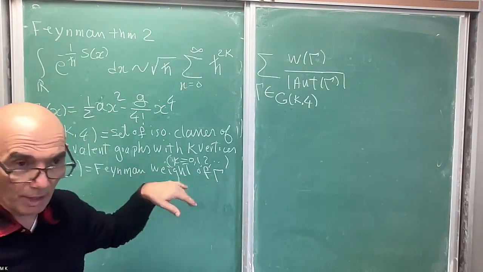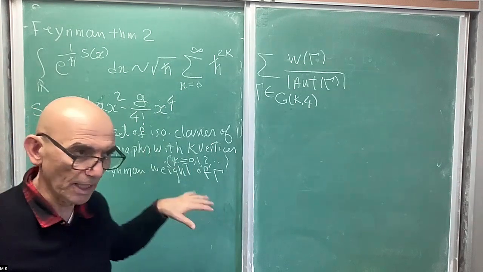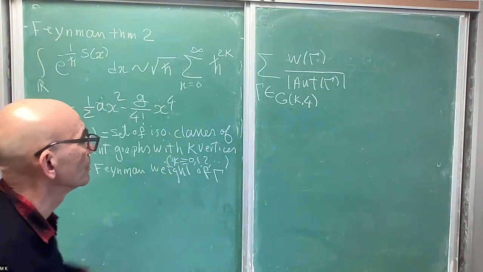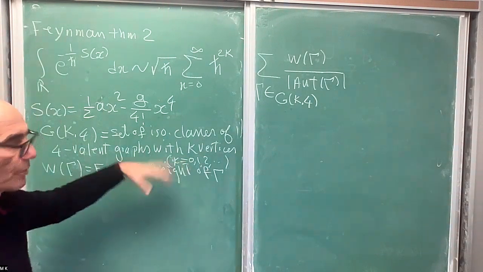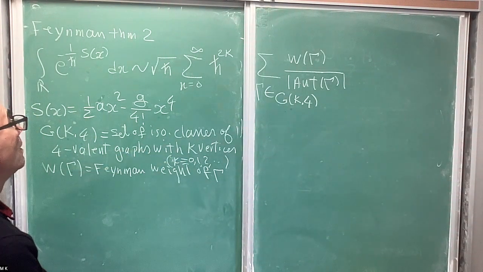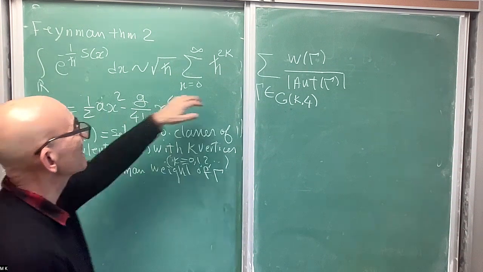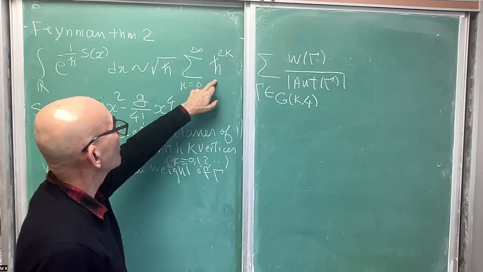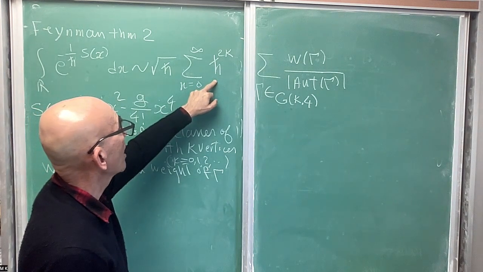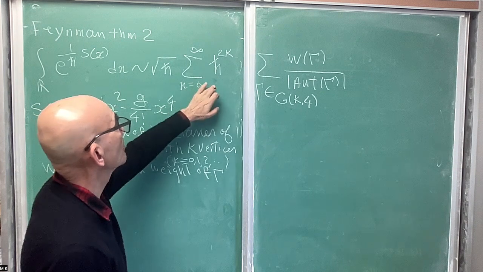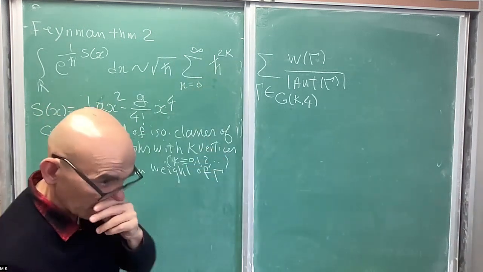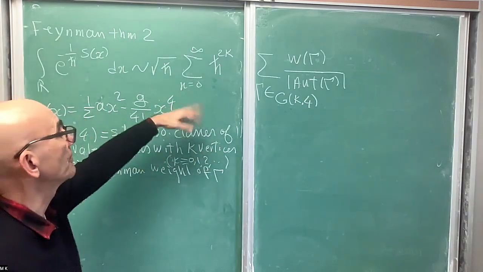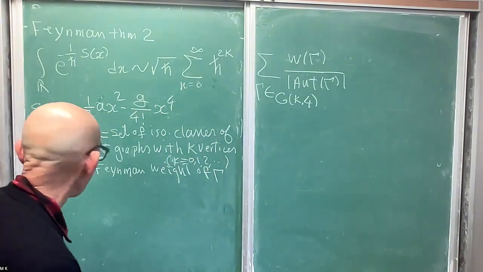I mentioned this in the last lecture, but I'll explain it as we go through the proof, how to get the Feynman weight of a graph. These are so-called Feynman rules in this case. Okay, I guess I explained everything. Now I'm not very happy about this h bar to the power 2k. We derived h bar to the power 2k, but I think it should be h bar to the power k, but we'll see. If there is a need to be fixed, I will fix it. Probably we have to, but all right.